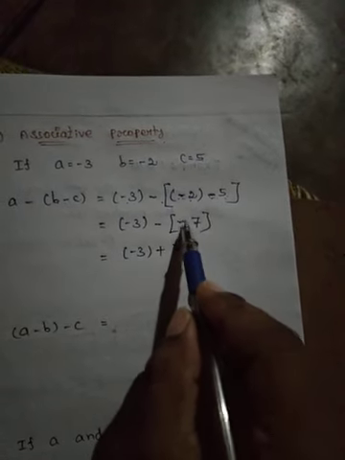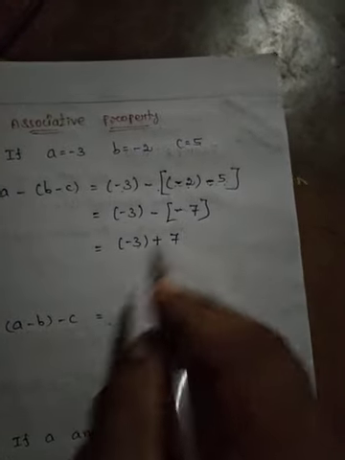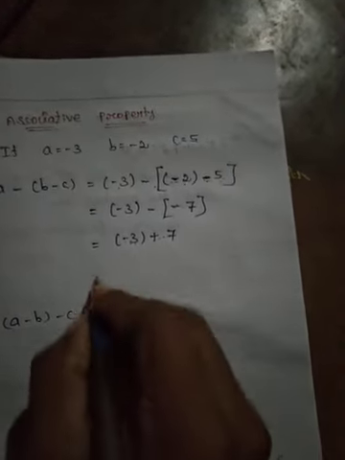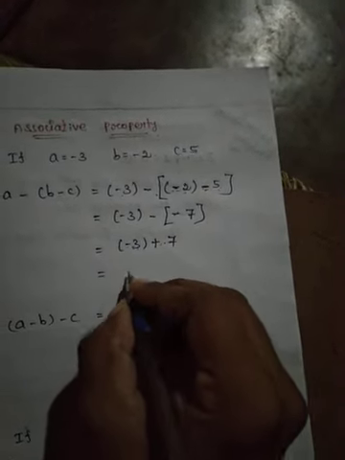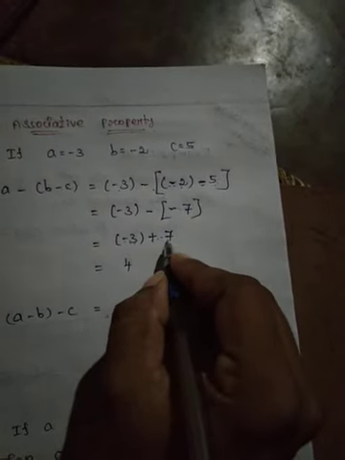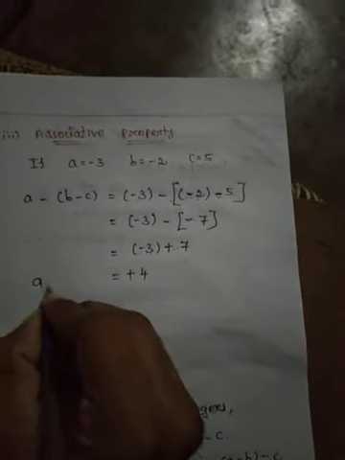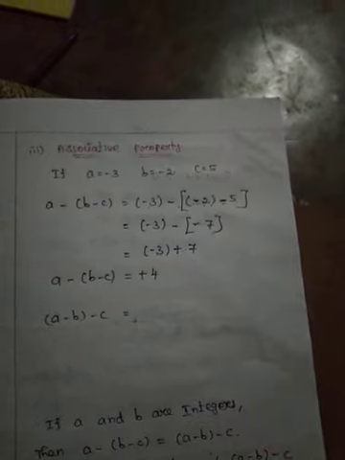Minus of minus 3, minus of minus is plus 7. Here see, both are different signs. Different signs means we have to subtract. 7 minus 3, what is the answer? 4. Finally, you write the biggest number's sign. Which is the biggest number? 7. What is the sign? Plus. Then a minus b minus c is equal to plus 4.